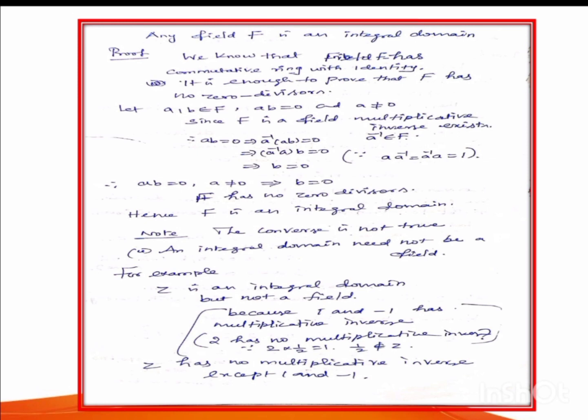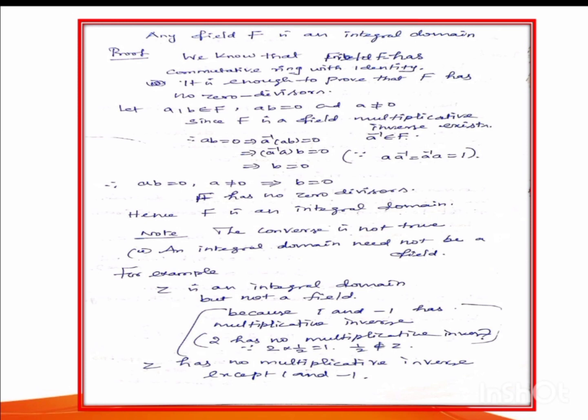So A inverse belongs to F. So AB equal to 0, then A inverse of AB is also 0. Using the associative law, A inverse of AB is equal to (A inverse A) into B. So A inverse A, that is A into A inverse, or A inverse into A, the value is 1. Therefore 1 ∘ B equal to 0, and since 1 is non-zero, B equal to 0. We get B equal to 0.